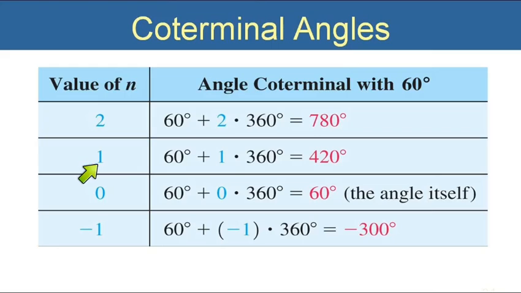If I let n equal 1, I get 420. Of course, if n equals 0, then 60 plus 0 times 360 is 60 degrees. And I can even let n be a negative integer, which generates negative angles there. So each of these is coterminal with a 60-degree angle.